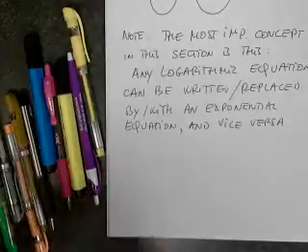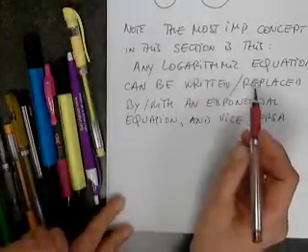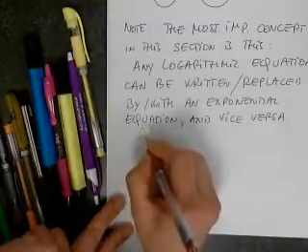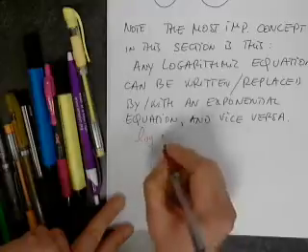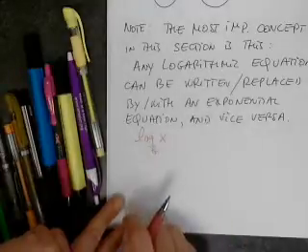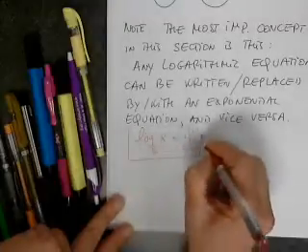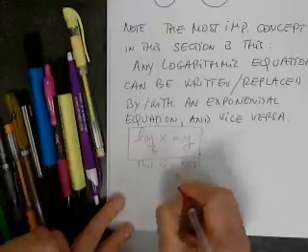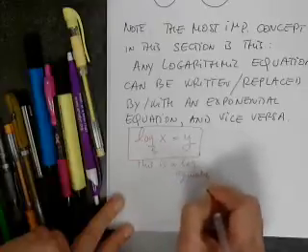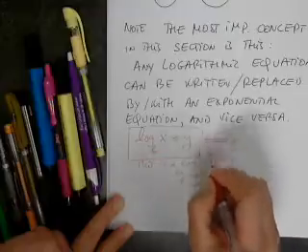So if I write a logarithmic equation, here's how I'm going to write it. Log base b of x is a number y. This is a log equation. I am going to replace it.